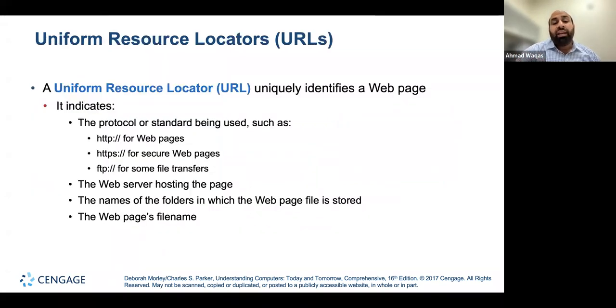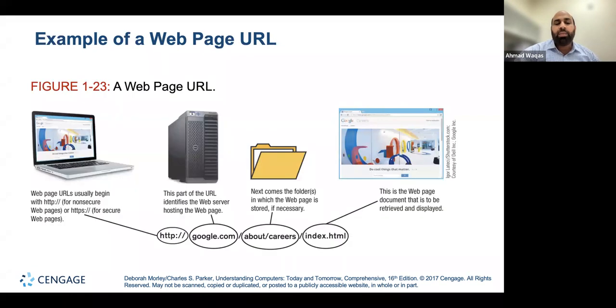It has a few parts: the protocol, the web host, and the folders and the name. Here you can see HTTP is a protocol. Protocols are a set of rules for communication, the rules based on which you are going to communicate with the server. That is called a protocol.